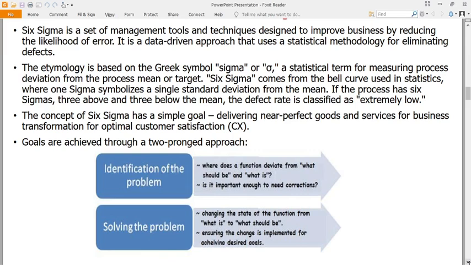And then still under that, you look at what is important enough that needs to be corrected. Then the other approach is solving the problem, where you look at the changing state of the function from what it is to what it should be, and then ensure that change is implemented for achieving the desired goal.